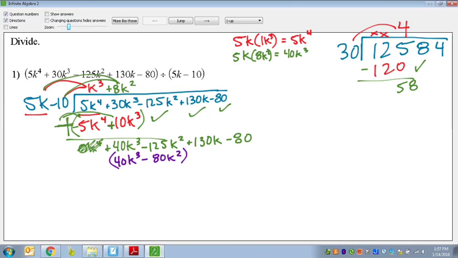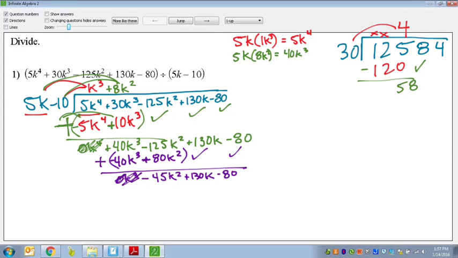Okay, we have to subtract everything, which really means we change the sign, so it becomes negative 40k cubed plus 80k squared. 40 plus negative 40 is 0k to the third. Negative 125 plus 80 gives me negative 45k squared. And then we check down the 130. And we check down the 80. And here we go again.